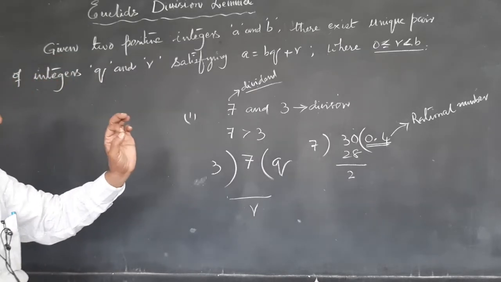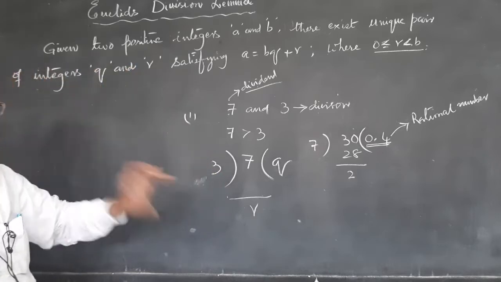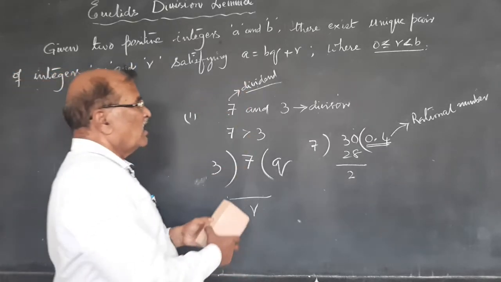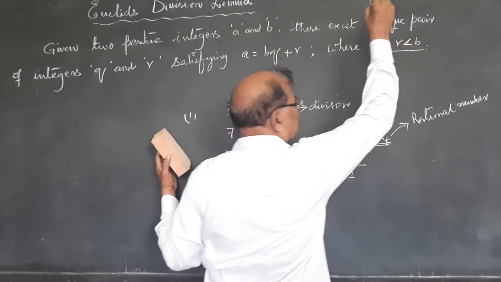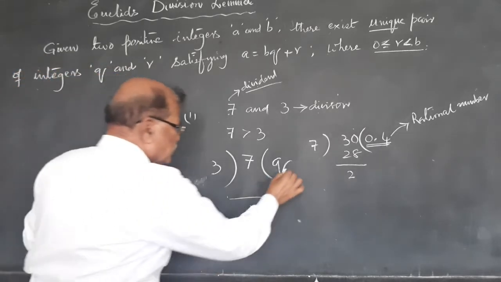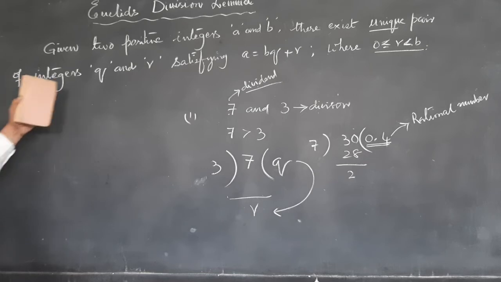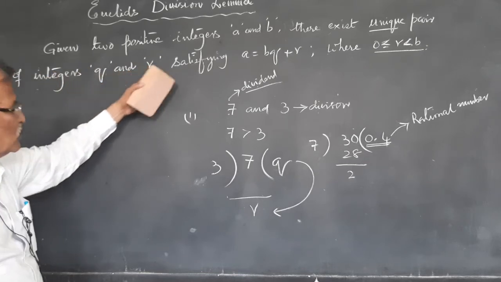Unique means identical, you can't change them. Pair means two: one is Q, another one is R, a pair of integers Q and R.